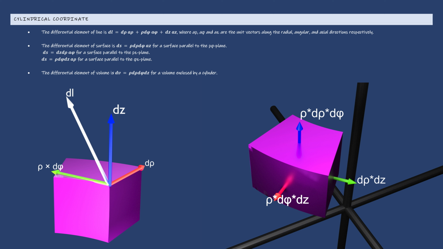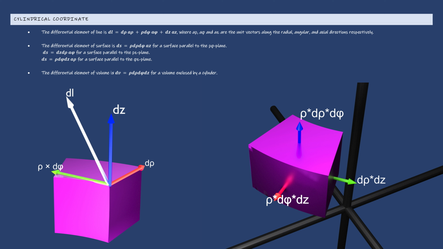This means that if we move a small distance d rho along the radial direction and rho d phi along the angular direction, the area of the patch is given by rho d rho d phi times a unit vector perpendicular to the plane, which is a z. Similarly, if the surface is parallel to the rho z plane, then ds equal dz d rho a phi, and if the surface is parallel to the phi z plane, then ds equal rho d phi dz a rho.